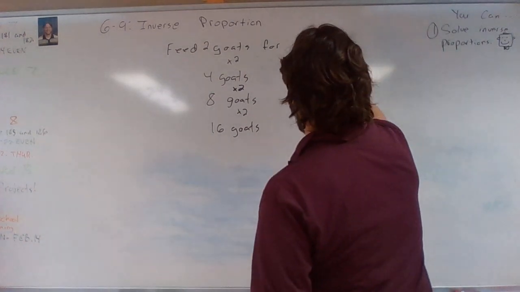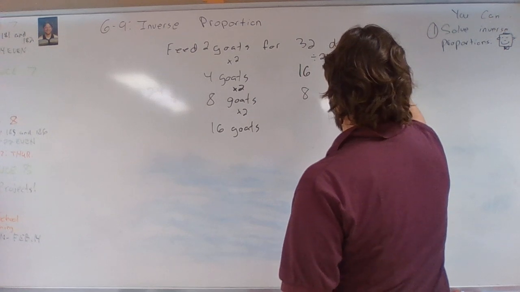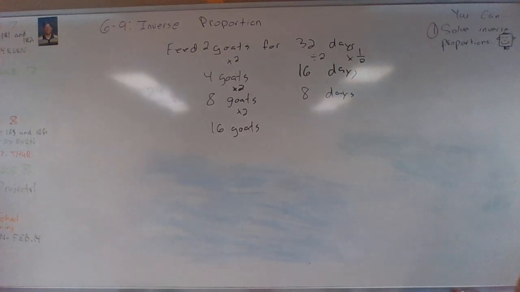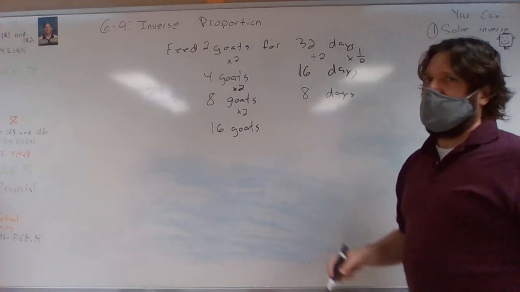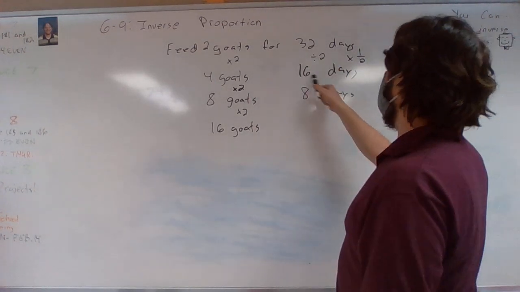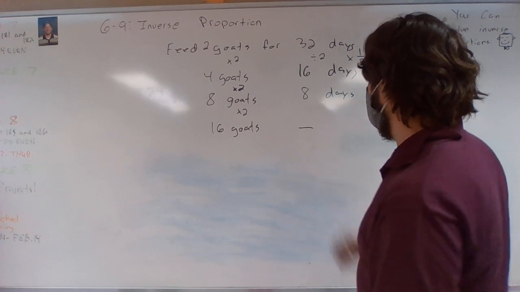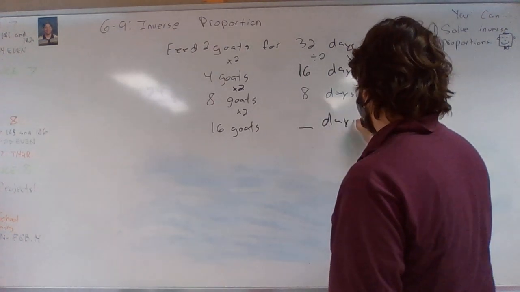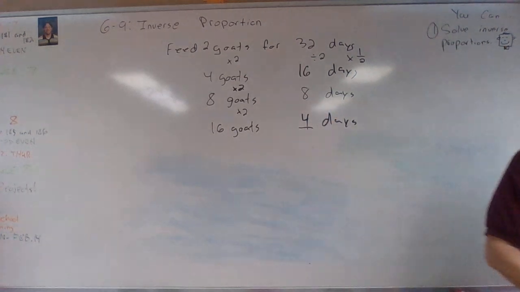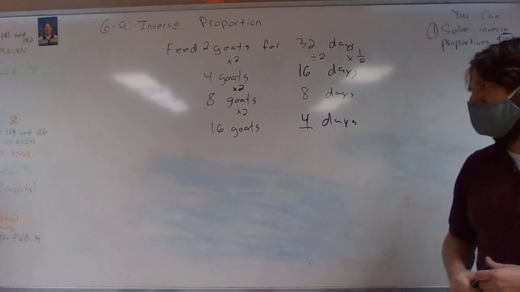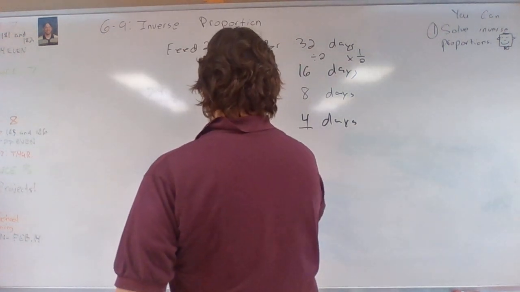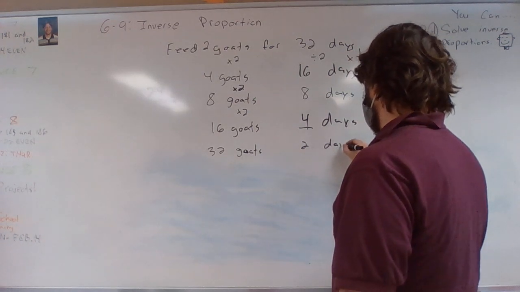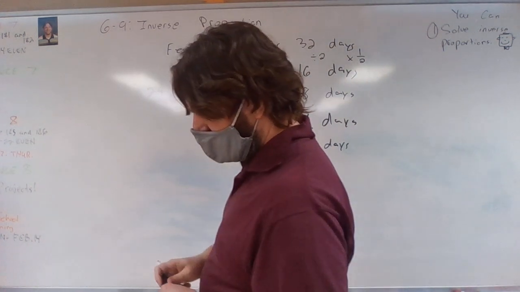You could say I'm either dividing by 2, or you could say I'm multiplying by 1/2. Whichever method, girls, you paying attention? Yeah. Okay. You're either dividing by 2 or multiplying by 1/2. So 32, 16, 8. So what number would this be here? Once again, either I'm dividing 8 by 2 or I'm multiplying it by 1/2. If I had 32 goats, how many days of food do I have now? 2. Exactly right.